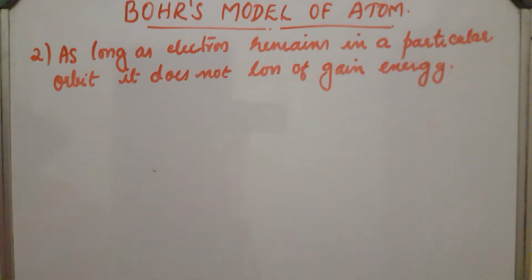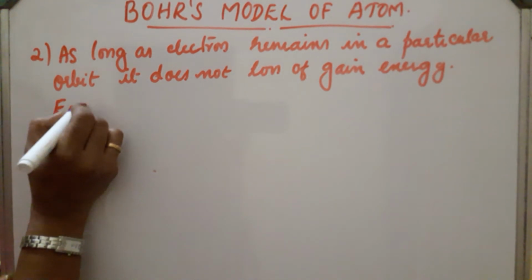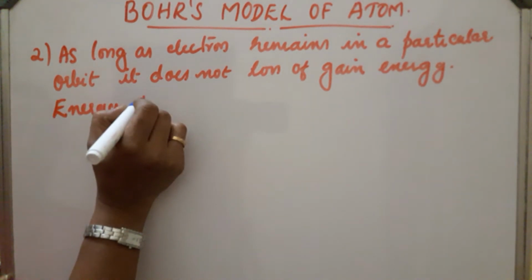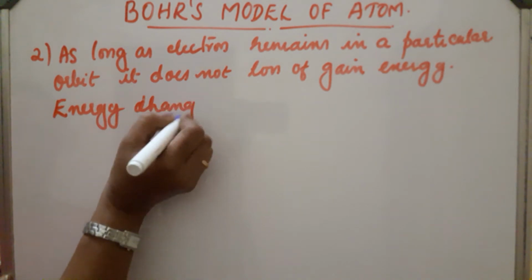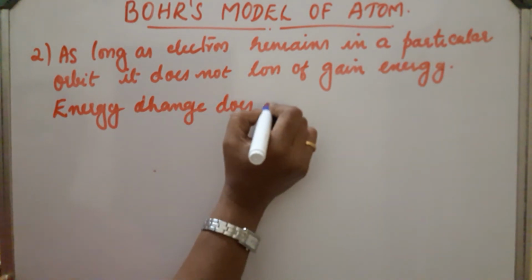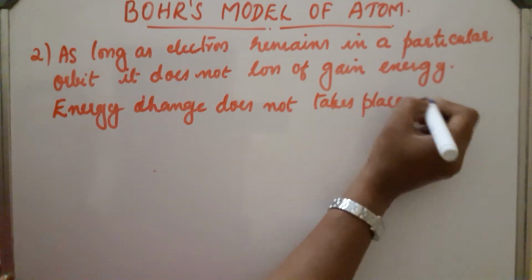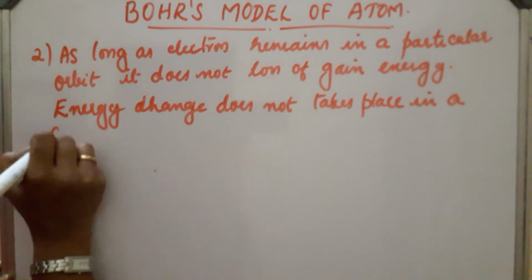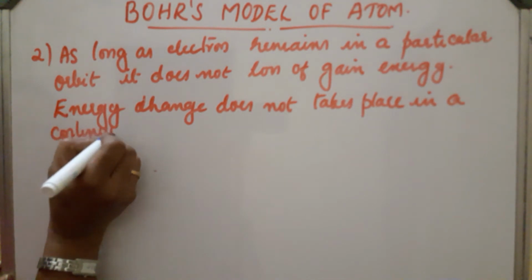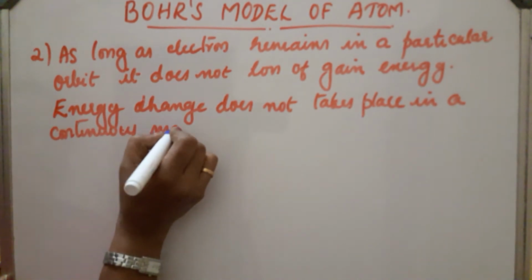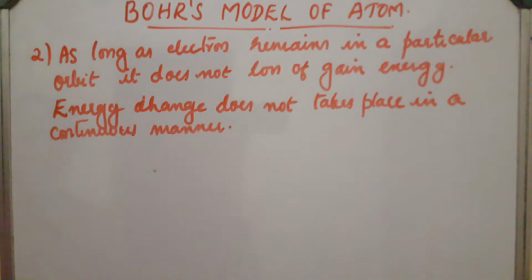That is, energy change does not take place in a continuous manner. That means as long as no energy is absorbed or emitted, the energy of that electron will remain constant.